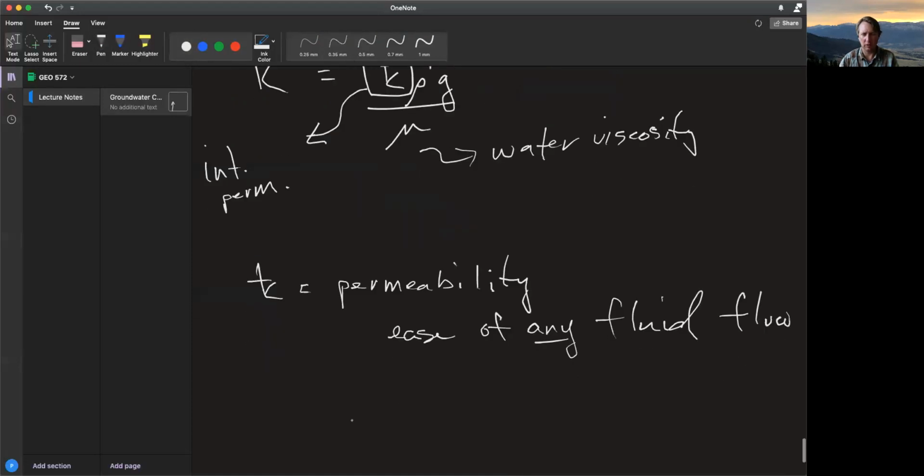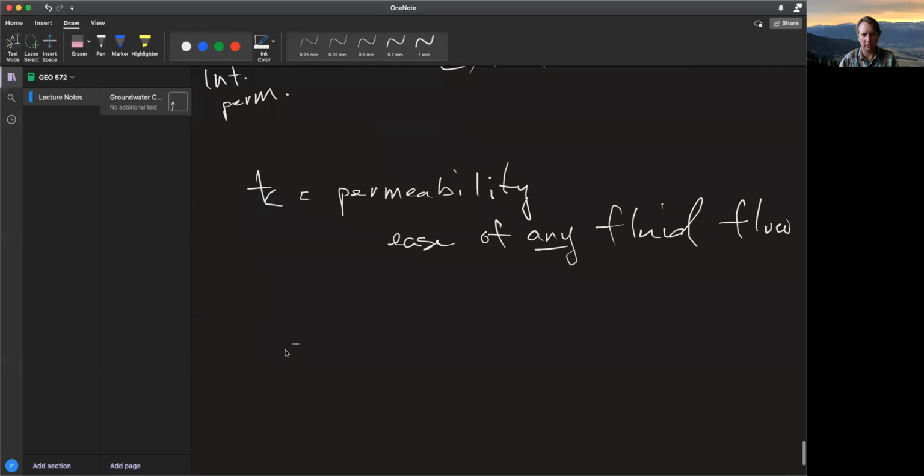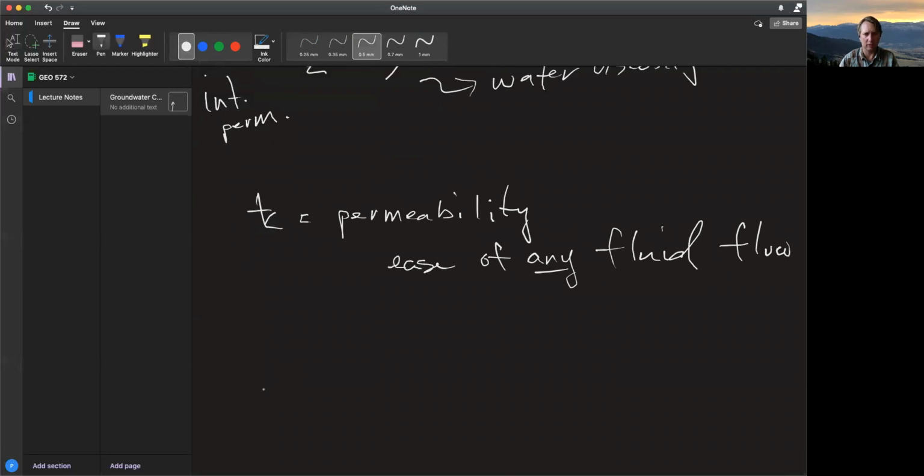So another way to write Darcy's law then is Q is equal to negative k rho water g over mu times dH dx. In this flux, we are explicitly pulling out the properties of the rock, which is the intrinsic permeability, and the properties of the fluid, which is water here.